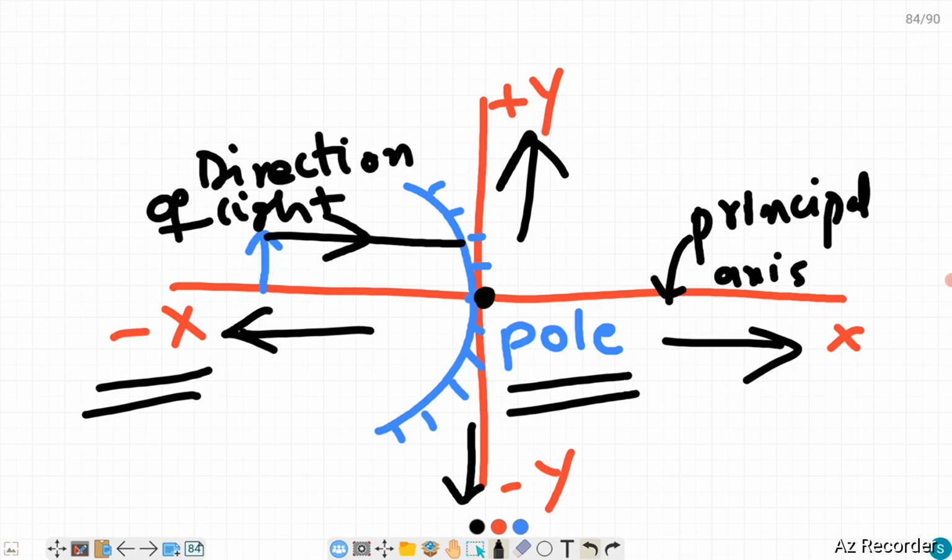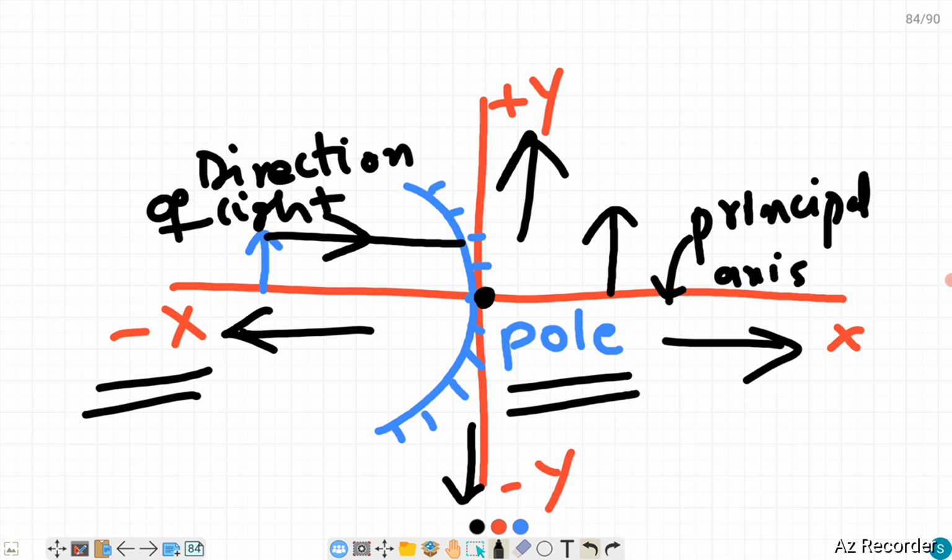From the pole, right side is positive, left side is negative, above the pole is positive, below the pole is negative. Only this much you have to learn, because whenever we have virtual images, they will be on the positive x-axis.